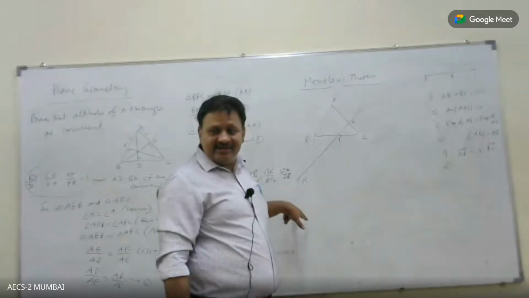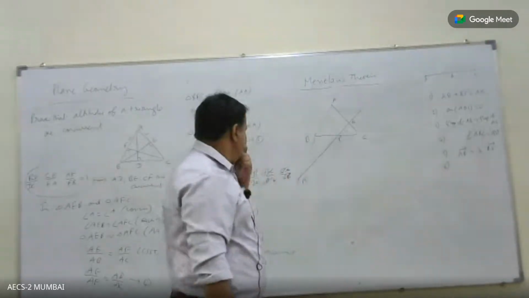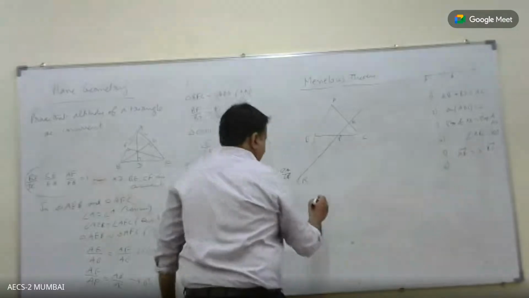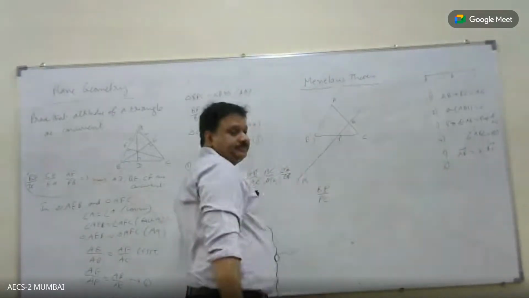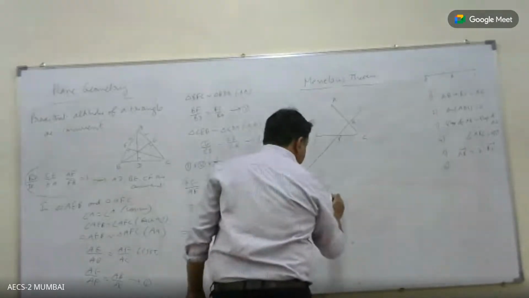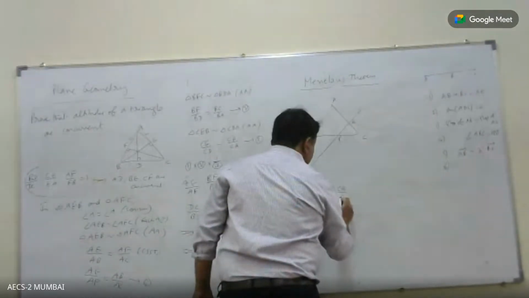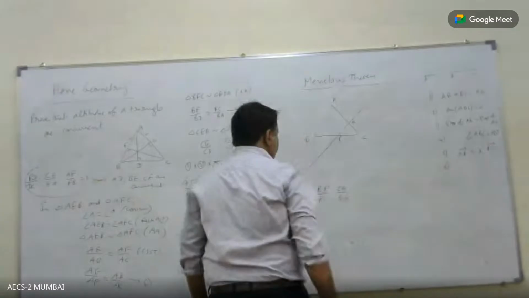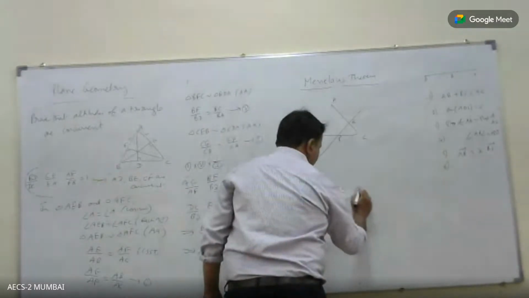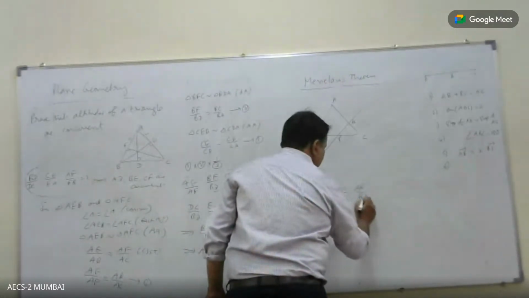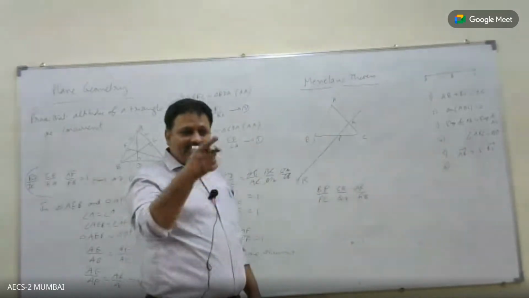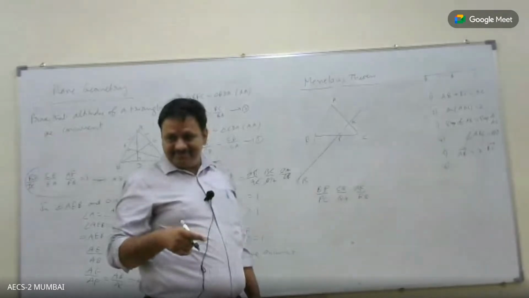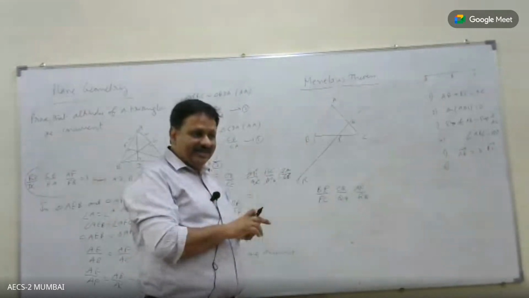Right? In this case, we have BP by PC multiplied by CQ by QA multiplied by AR by RB. They are following one cyclic order. If you observe, we are not writing it randomly.